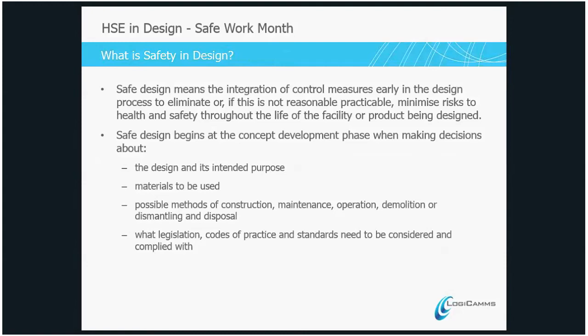So safe design begins at the concept design phase when making decisions about the design and its intended purpose, the materials to be used in the product, the possible methods of construction, maintenance, operation, demolition or dismantling and final disposal, and what legislation, codes, practice and standards need to be considered to comply with. So they're all things, and as designers we have enormous influence on those elements in terms of creating a safe design.